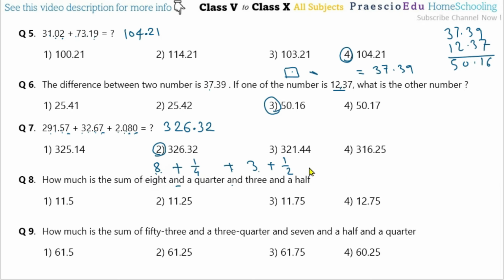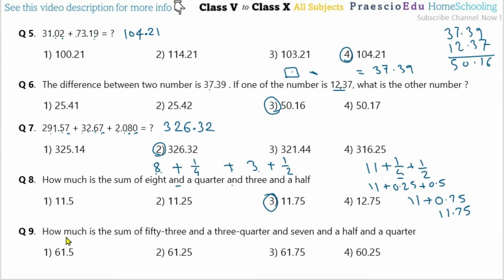So 8 plus 3 is 11, plus 1 by 4 plus 1 by 2. We can say this is 0.25 in decimal, and this is 0.5. So 0.25 plus 0.5 is 0.75, and the addition with 11 means 11.75, and this is given in option number 3.